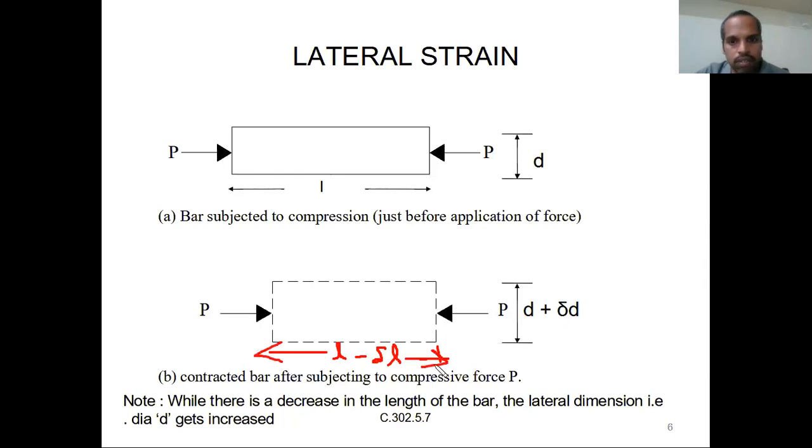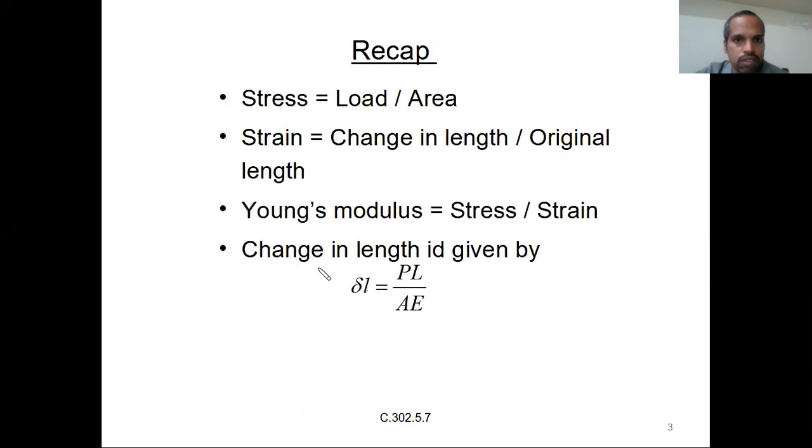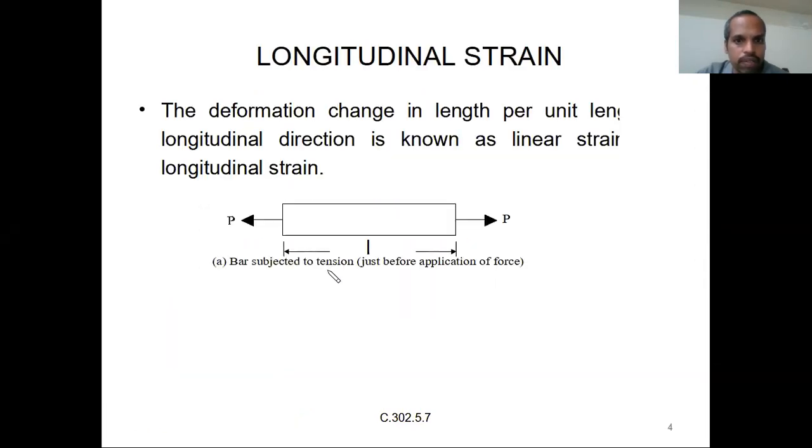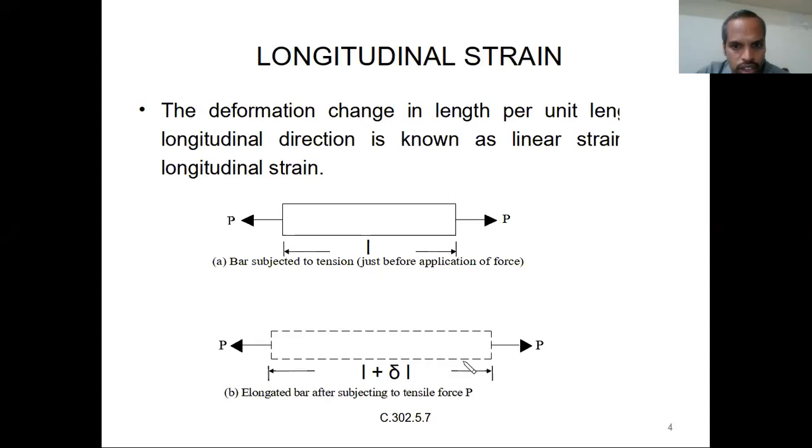And similarly, what about this one? This will be D plus delta D because it is compressing. This side is decreasing, which means this side increases. This dimension increases because the other is decreasing. If you go back to our previous discussion and take the original, and interpolate one over the other, it will be like this.